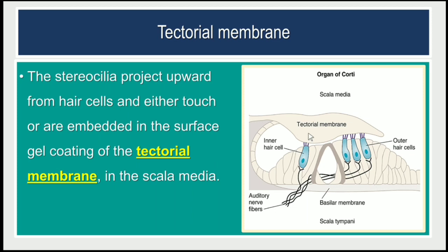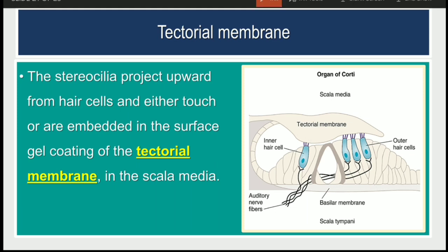Because of these vibrations, up and down, the stereocilia will bend either in this direction or in this direction. If they bend in either direction, there is a change in the potential.